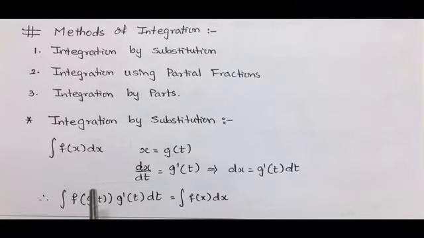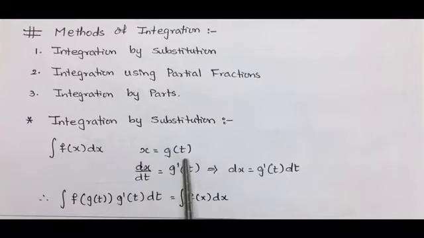Now the way it works is, any function f(x) is given with dx, we substitute x as another function, say g of t. Then we have to differentiate this x with respect to t, so it becomes dx by dt.